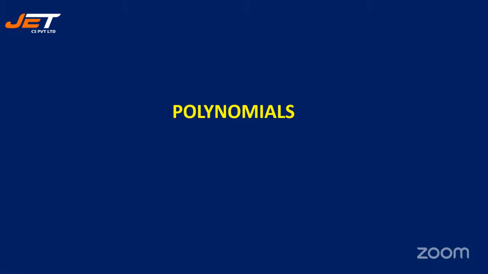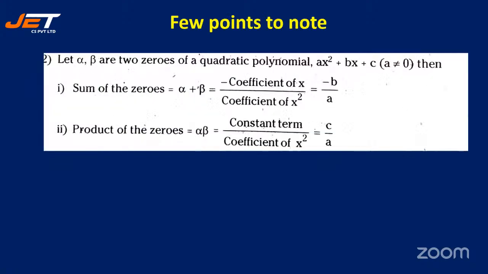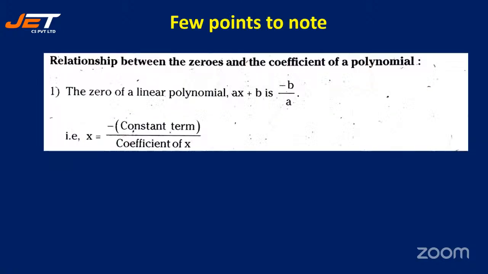Today we are going to see polynomials in mathematics. Let's quickly move on to the basics of polynomials. The first thing we need to know is the relationship between the zeros and the coefficients of a polynomial.